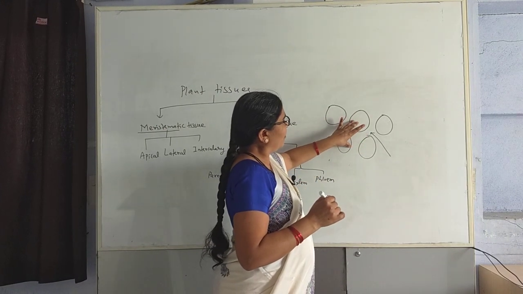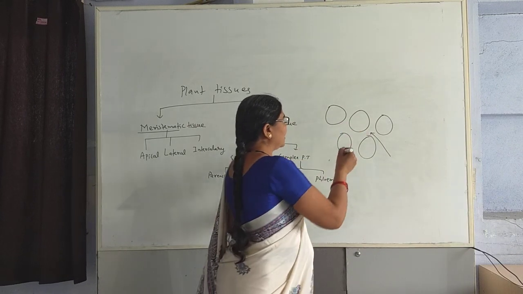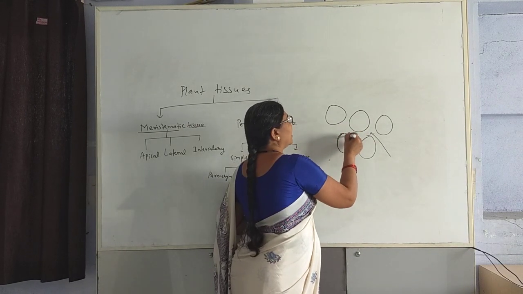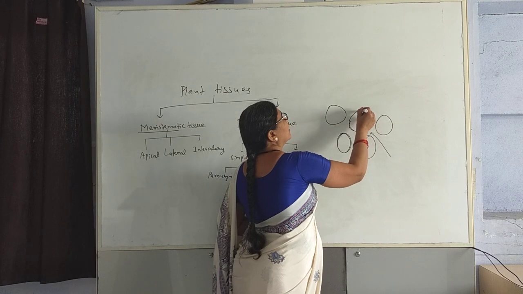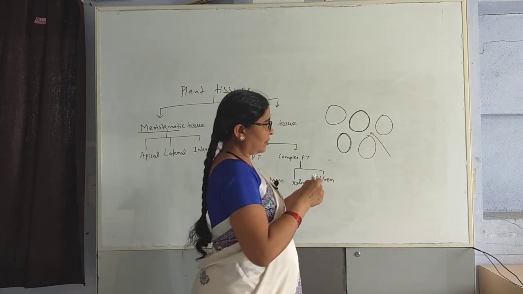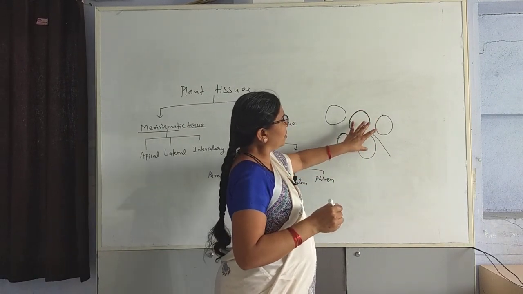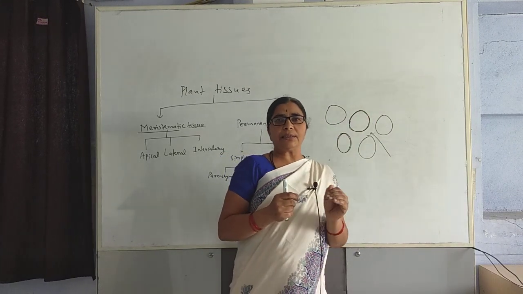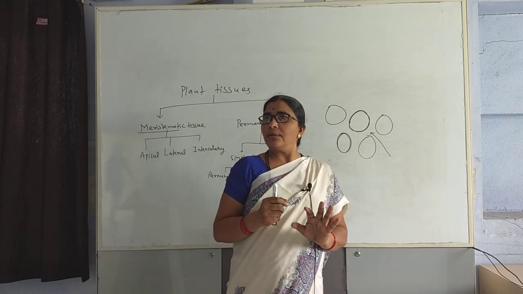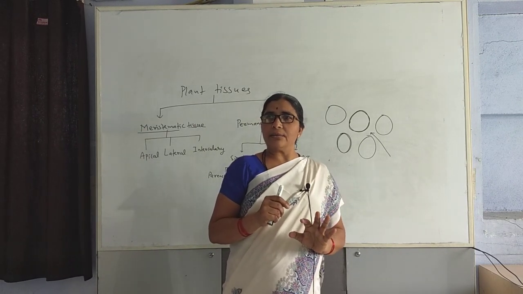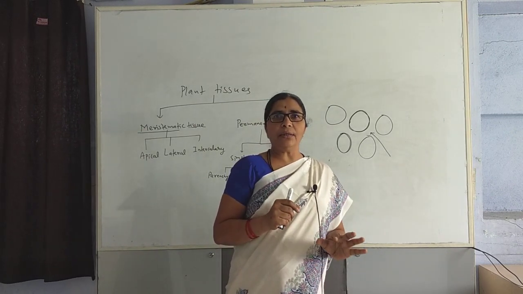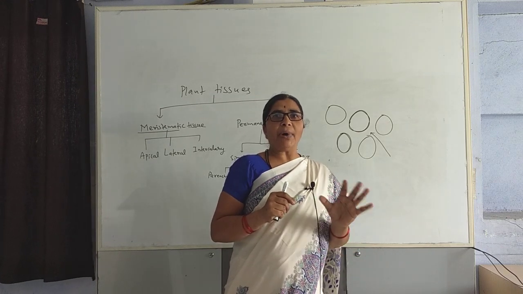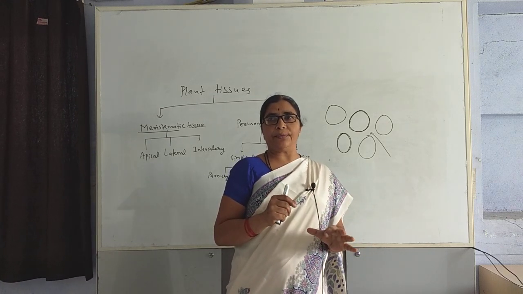The cell wall is very thin and delicate, and they store the food. Where can we see these cells in plants? We can see them in the fleshy part of a fruit.